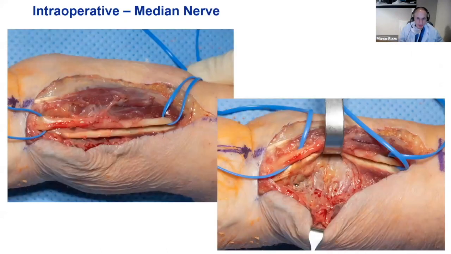And these are the intraoperative photos. This is, of course, the median nerve here, and the FPL, or I mean FCR here. The soft tissue is over the plate where the fracture is. You can see. I'm sorry, I misspoke. This is the FPL down here.